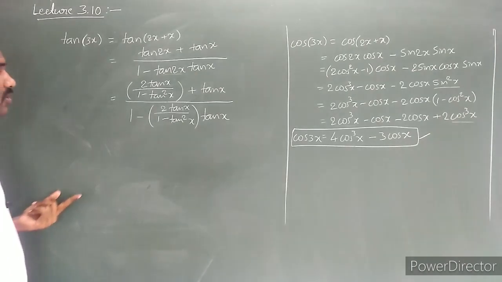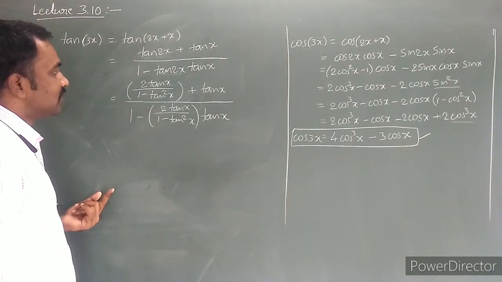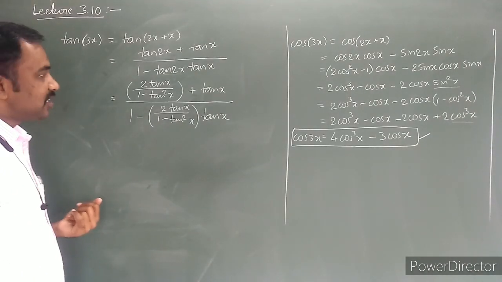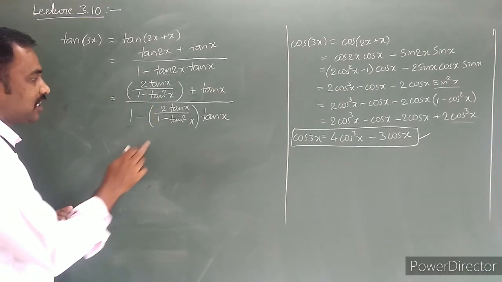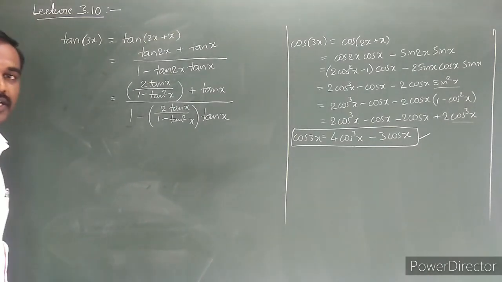Now, how to simplify this? Take the LCM and simplify. The numerator LCM is 1 minus tan square x, and the denominator LCM is also 1 minus tan square x.